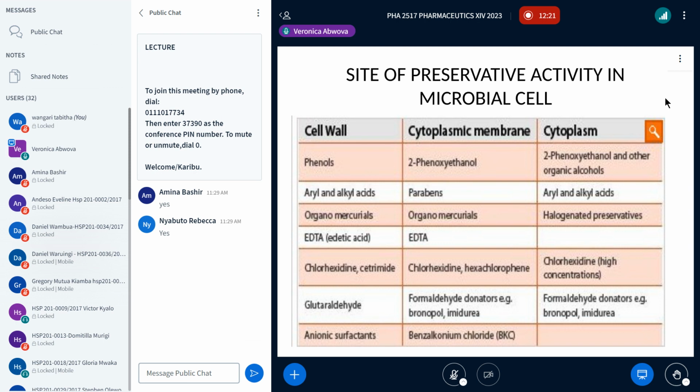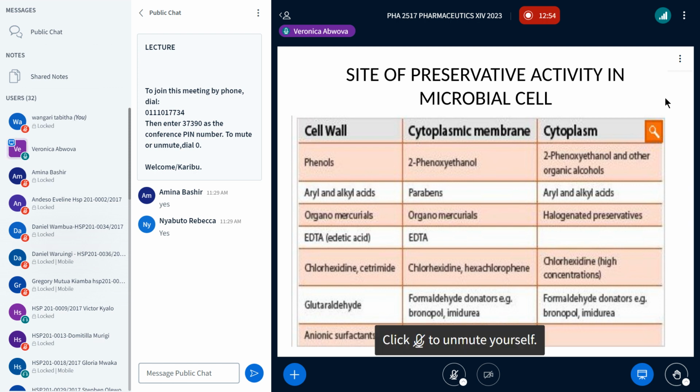Think of phenols, aryl alkyl acids, organomercurials, EDTA, chlorhexidine, those will have an affinity for the cell wall, meaning that they will actually act on the cell wall to disrupt the activity within the cell. Then we have the cytoplasmic membrane, where we have things like 2-phenoxyethanol, parabens, organomercurials, again EDTA, those will have activity against the cytoplasmic membrane.